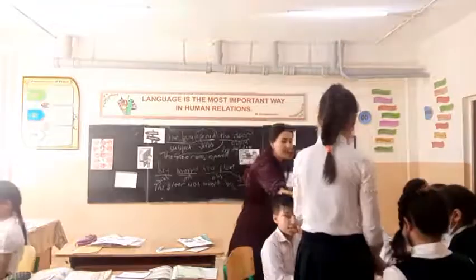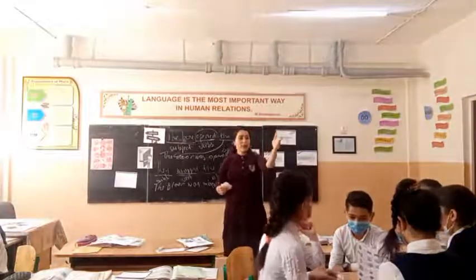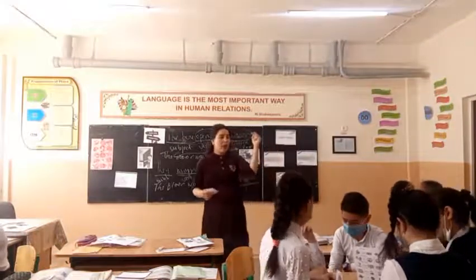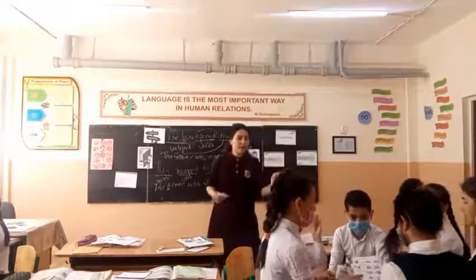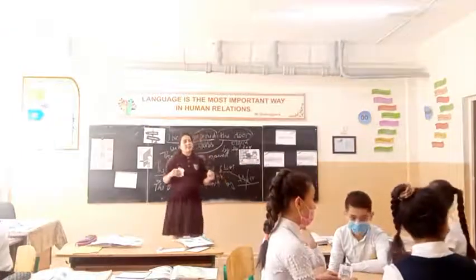It is correct. And group B, now your turn, and you need to read the active voice. Abigail, please read the active voice in present and past. The man built the home.